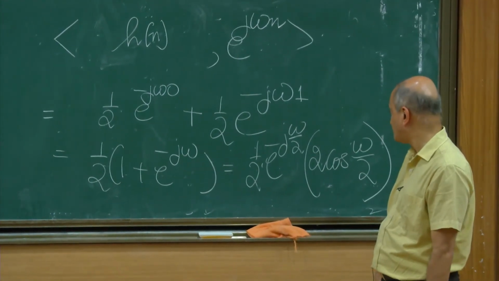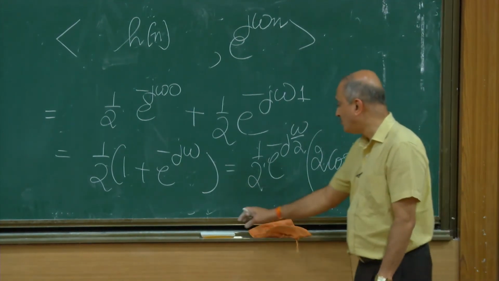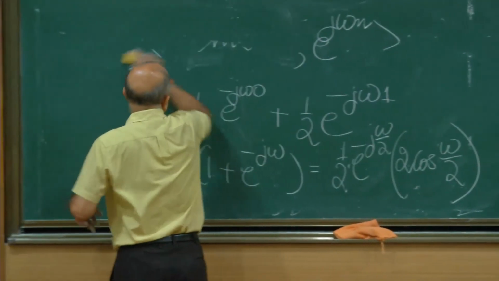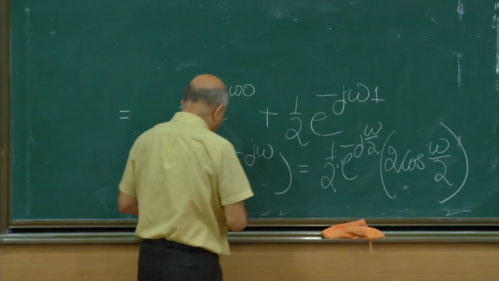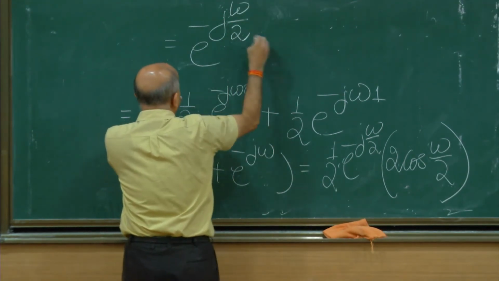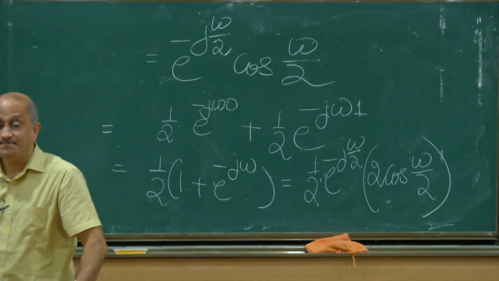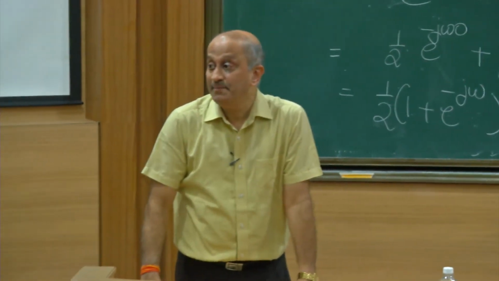Do you all agree with me? This is the simplification. So therefore, the dot product would give you e raised to the power minus j omega by 2 cos omega by 2. Now, does this sound familiar? Does this ring a bell somewhere?